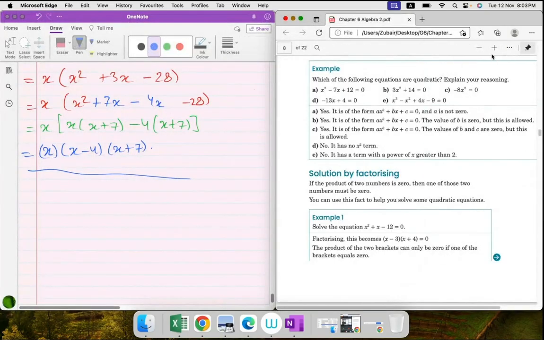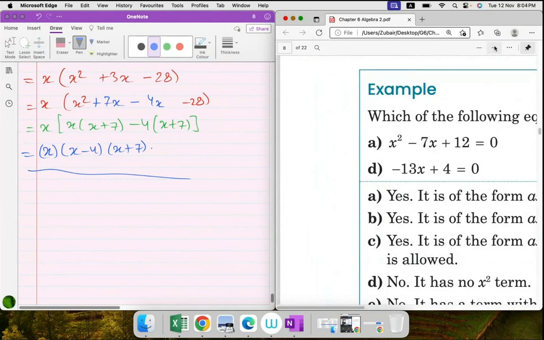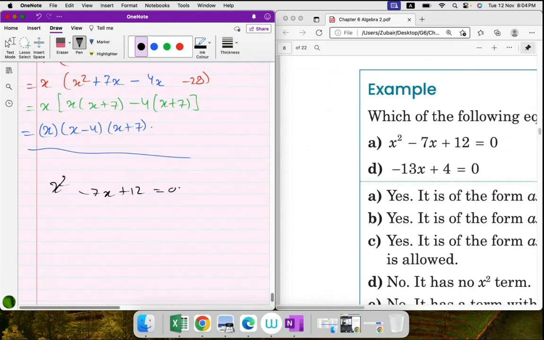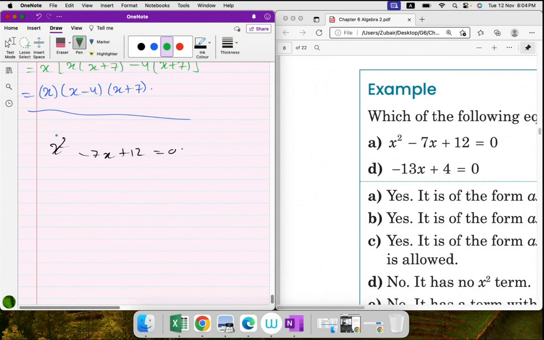For example, let this first one be x squared minus 7x plus 12. So this is quadratic. We have power of x as 2, minus 7x plus 12. So we need to think of two numbers whose product is 12 and sum is 7. So 4 into 3 is 12.